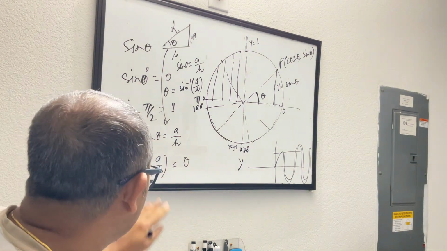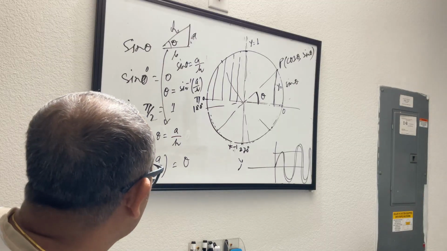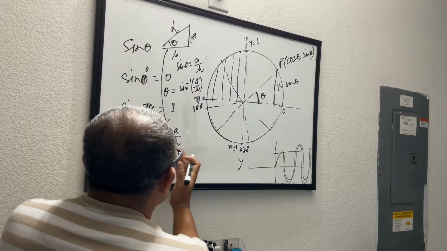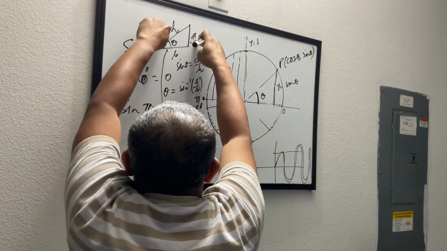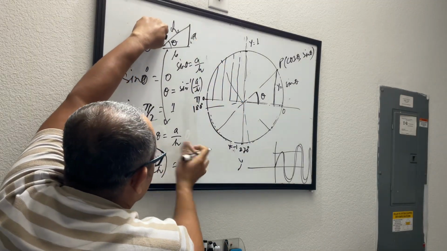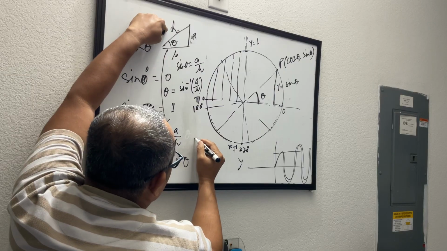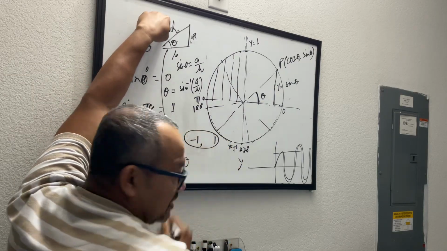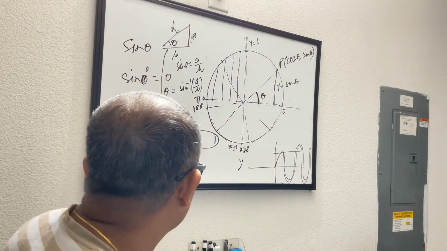The ratio A over h, the value of sine theta, can only fluctuate between minus 1 and 1. It cannot go beyond that. Correct?